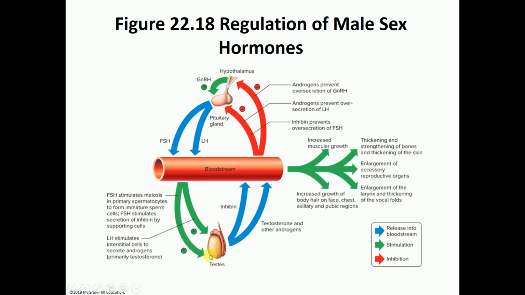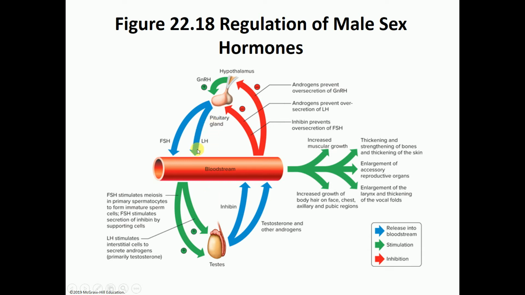FSH through the bloodstream will reach the testis, and that will stimulate the sustentacular cells to start the spermatogenesis process. These sustentacular cells also produce inhibin. Inhibin through the bloodstream will reach the anterior pituitary, and inhibin prevents the oversecretion of follicle stimulating hormone from the anterior pituitary.